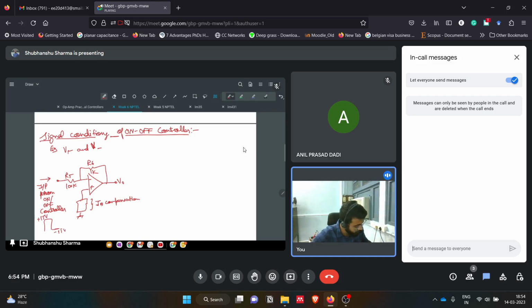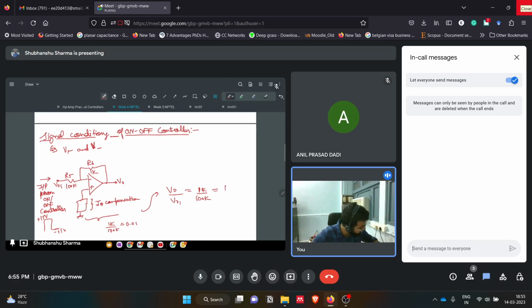The gain of this amplifier is basically 1k by 100k, that is 0.01. So this is V naught, let's say this is V naught 1. So V naught by V naught 1 is 1k by 100k.